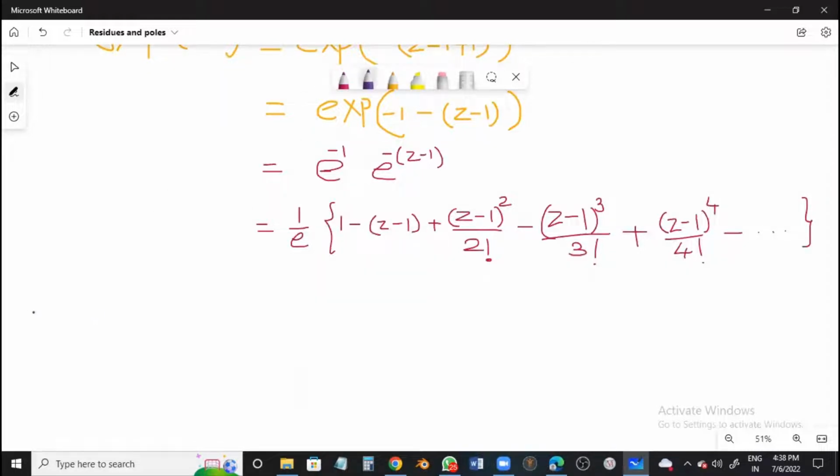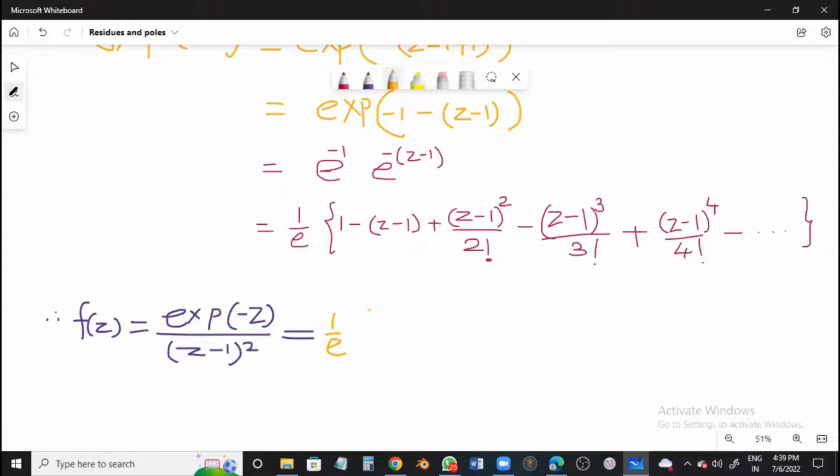Therefore, f of z equal to exponential of minus z upon bracket z minus 1 bracket square. So we are just dividing by z minus 1 bracket square throughout. So this 1 by e will be out as it is. 1 by e is there in the bracket.